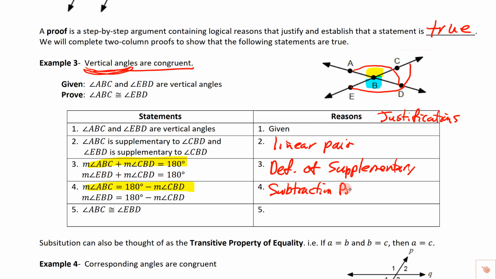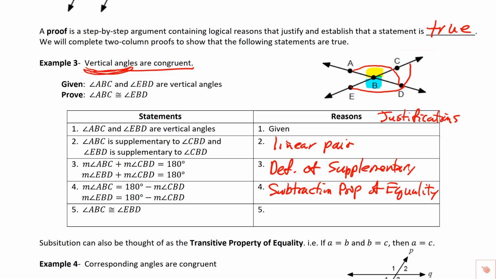So subtraction property of equality. And that's basically saying you can subtract the same thing from both sides of an equation and you still get a true equation. And then you'll notice that we've done exactly the same thing on the next one. We've got angle EBD. We moved the CBD to the other side, so this is 180 minus angle CBD.